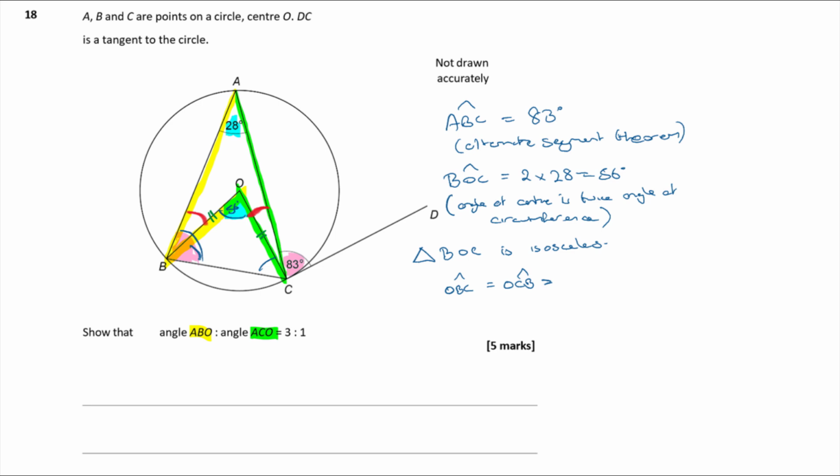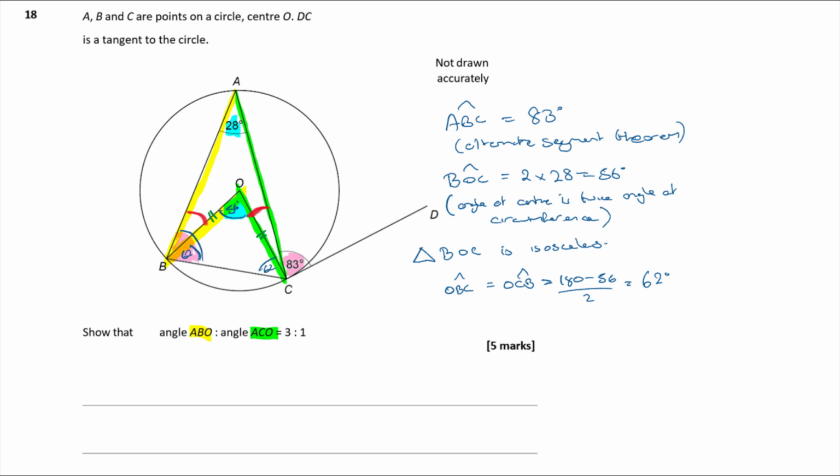And they are going to be 180 minus the angle at the top, minus the 56, divided by 2. So I'm taking the 56 away from 180, and then I'm sharing what's left between those two base angles. So 180 minus 56, what's that? That's 124, and divided by 2, that's 62 degrees, isn't it? So that one is 62 and that one is 62.